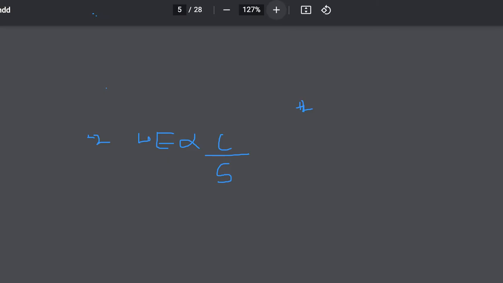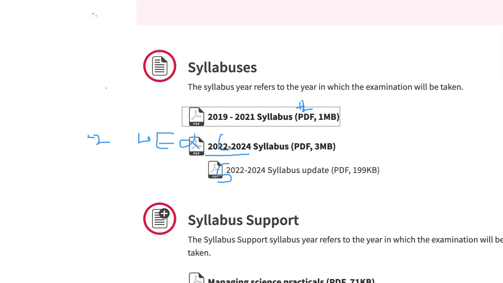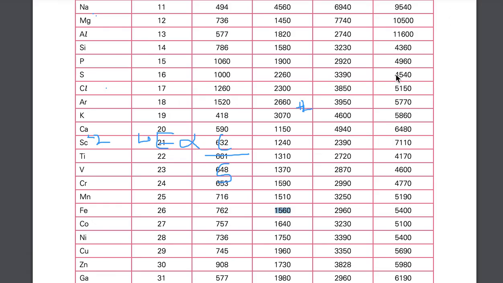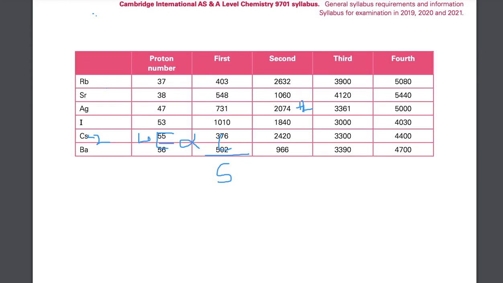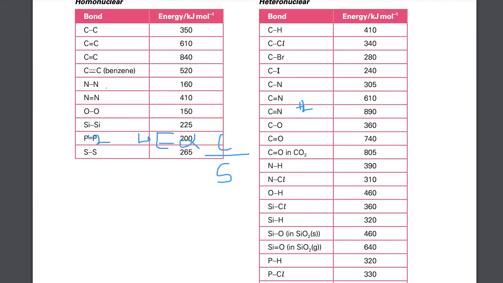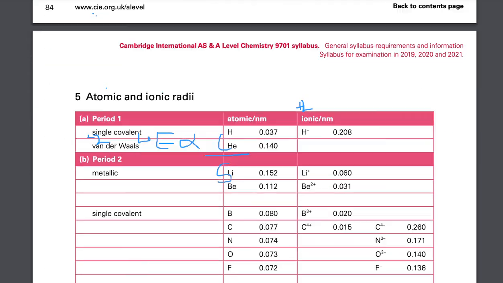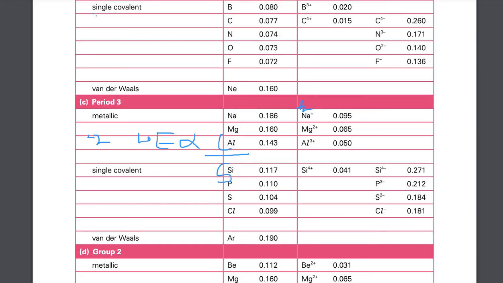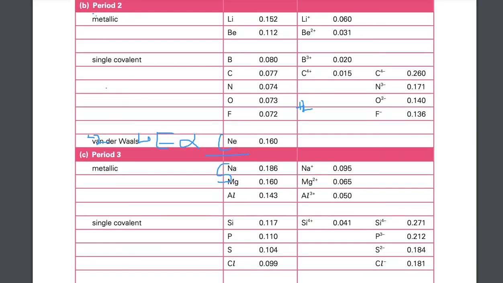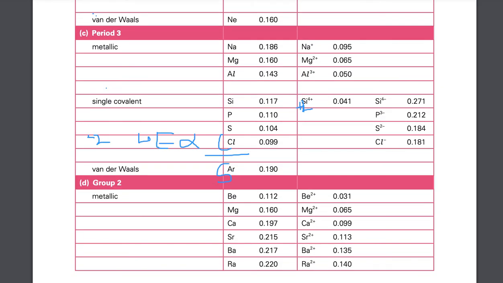We can check it from the data booklet. Where was the data booklet? Over here. So Fe and Ca, right? So where is calcium? I cannot find it.